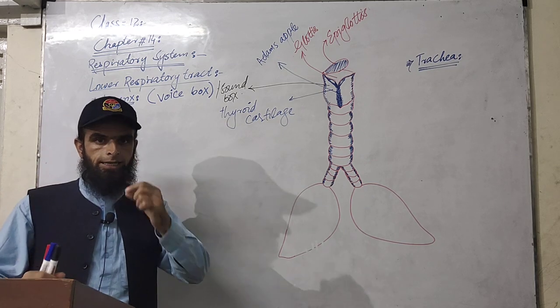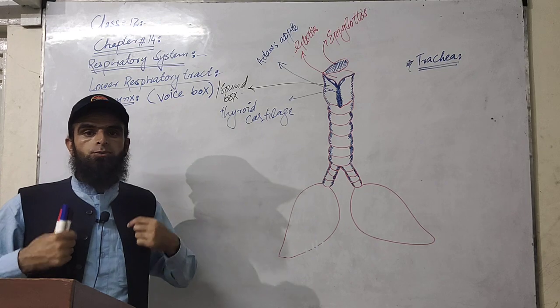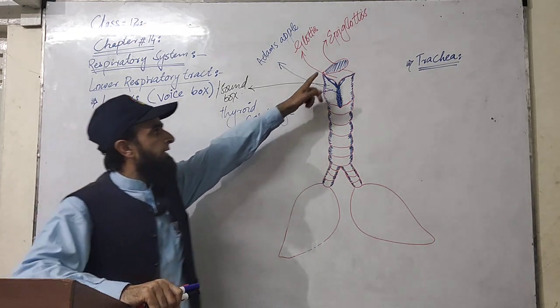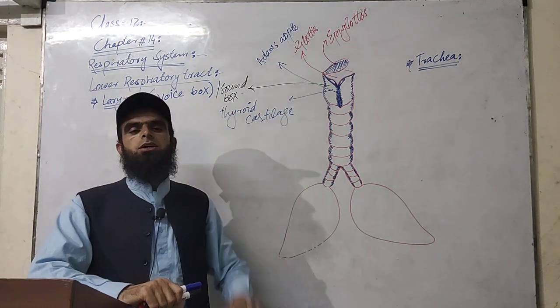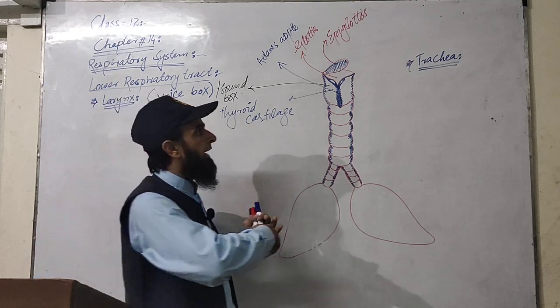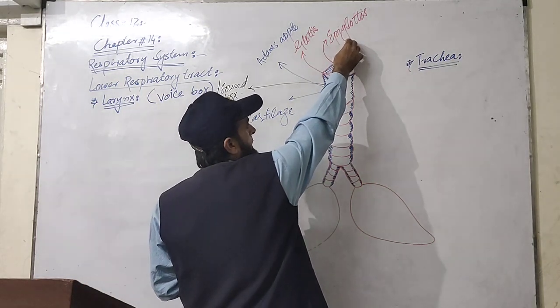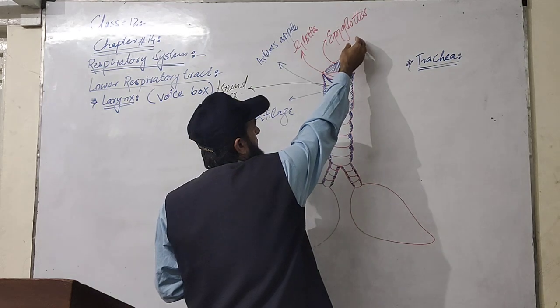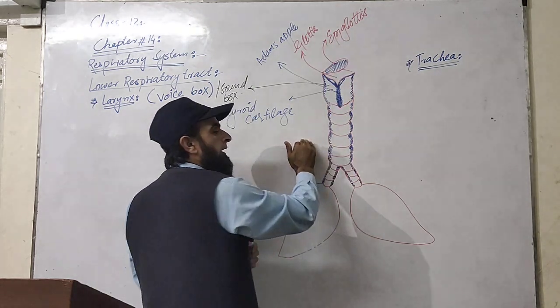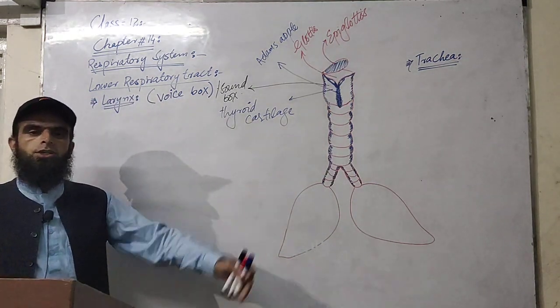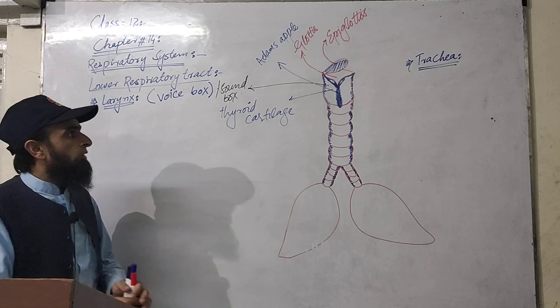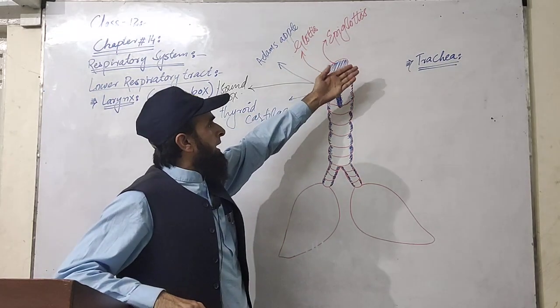Why? Because at that time this lid covers the glottis, and the food or any kind of fluids pass on to the esophagus, and through the esophagus reach the stomach. So that is the role of the epiglottis.